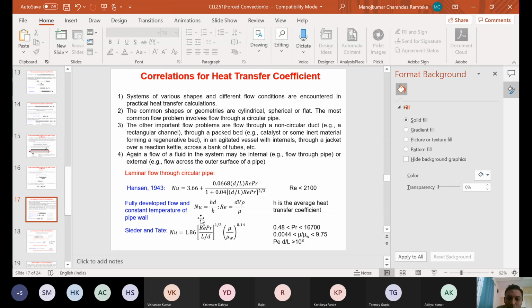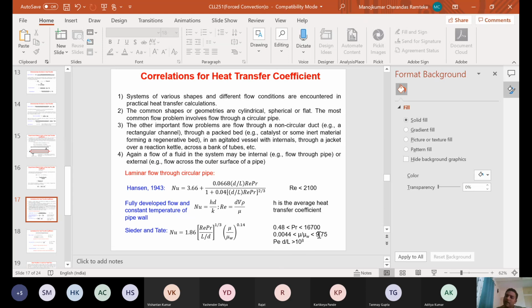There is another correlation given by Sieder and Tate. This is a simpler correlation, but there are some conditions as well. The Prandtl number should be between 0.48 and 16700. Also mu by mu_w should be between 0.0044 and 9.75, and Peclet number times d by l should be greater than 10 raised to the power 8.